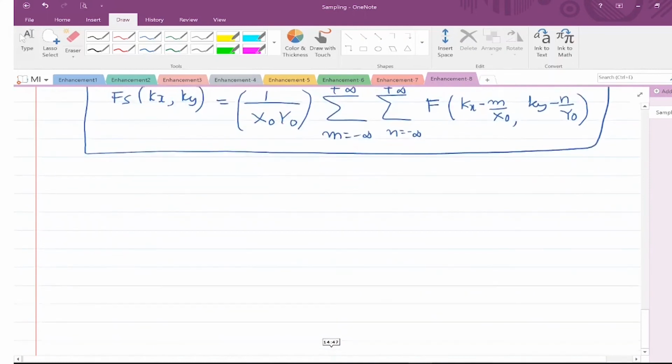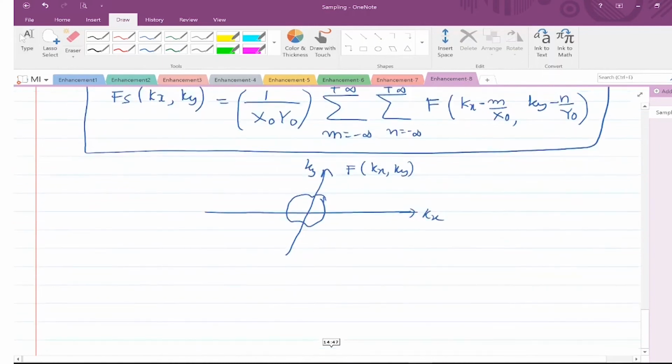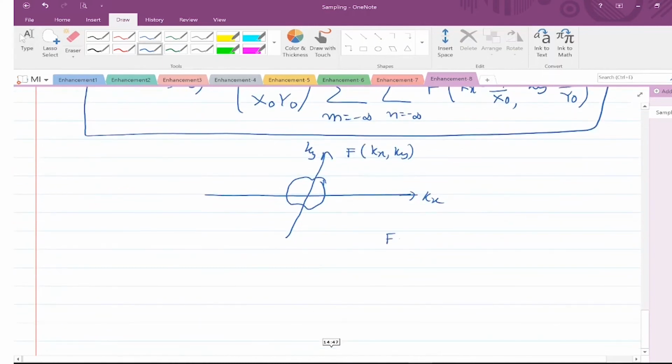Now let's try to draw that to get a bit more clarity about it. Assume that this is your F of kx comma ky magnitude spectrum, for varying values of kx and ky. Let's now plot the magnitude spectrum for F_s of kx comma ky.